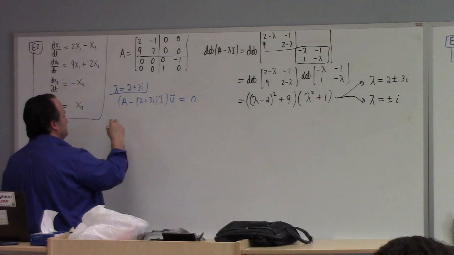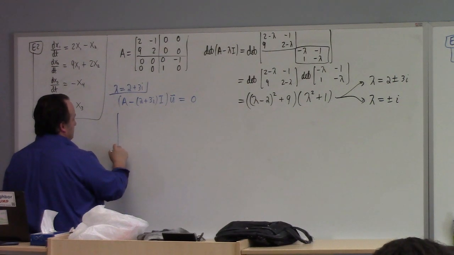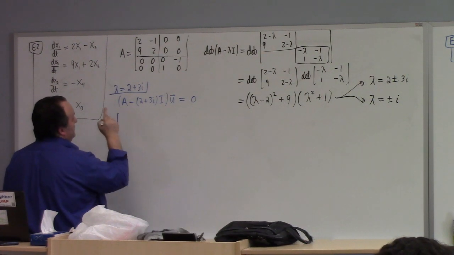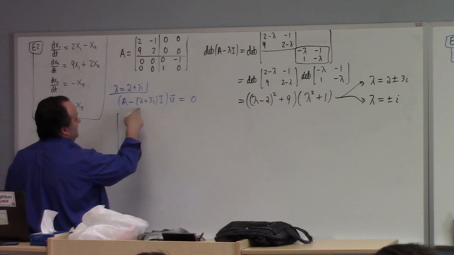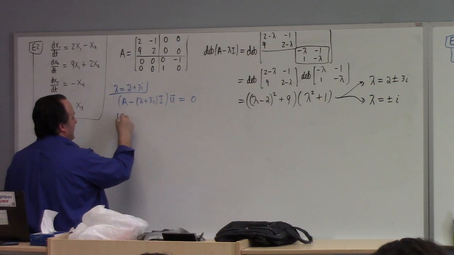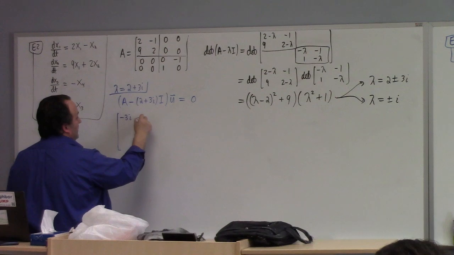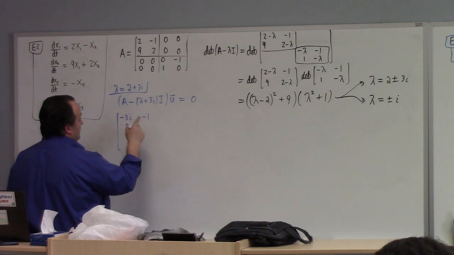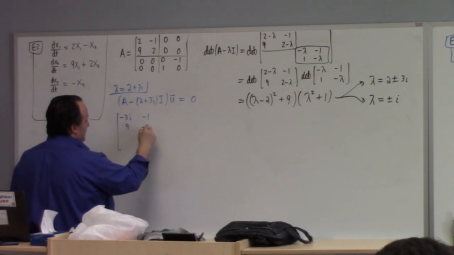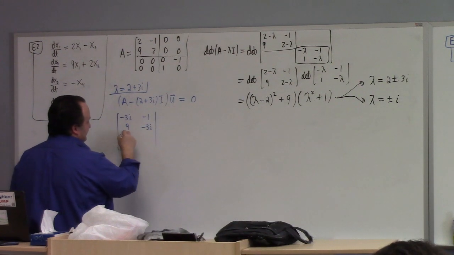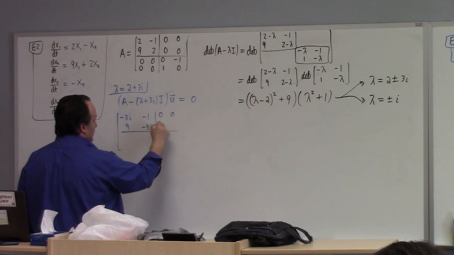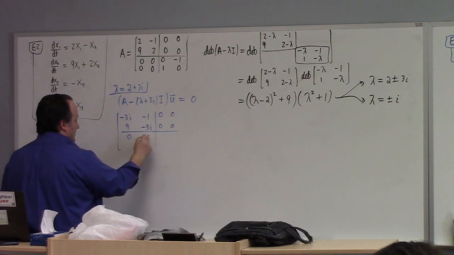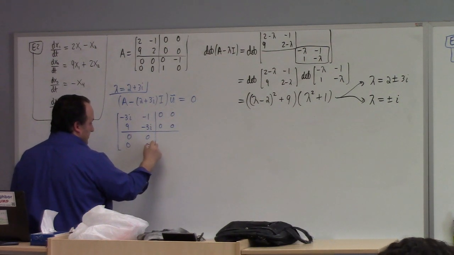So think about how that works out. The 2's cancel, and you just get a minus 3i here, minus 1, 9, 2 they cancel, and the minus 3i survives. You got that. 0, 0, 0, 0, 0, 0, 0, 0.